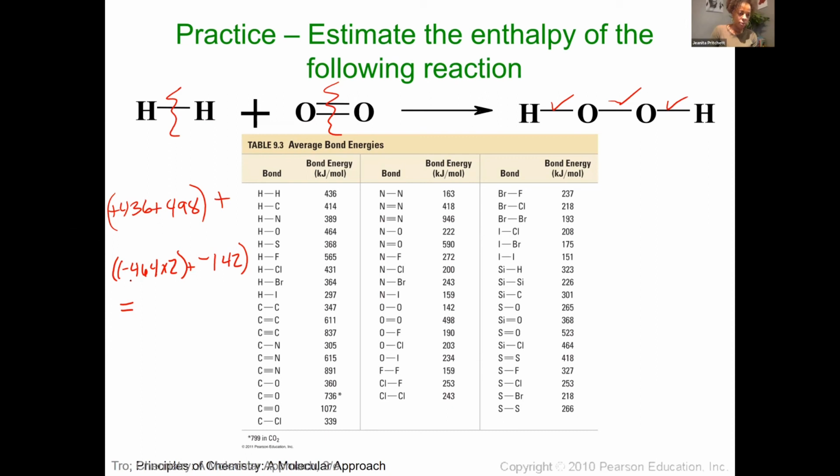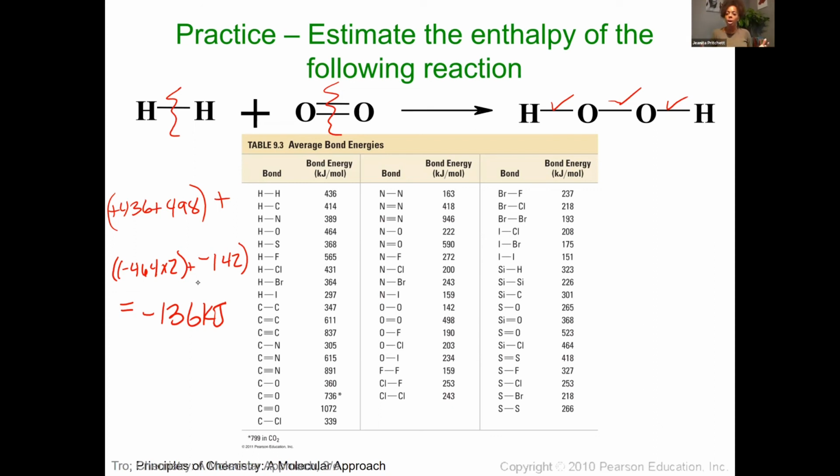So we'd have 436 plus 498 plus negative 464 times 2 minus that 142. Close my parentheses. And we end up with negative 136 kilojoules for this. And so again, this process would also end up being an exothermic overall reaction.